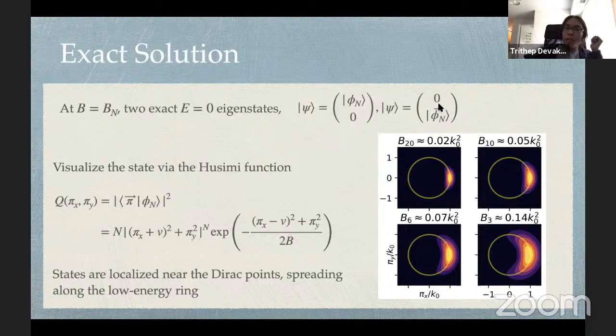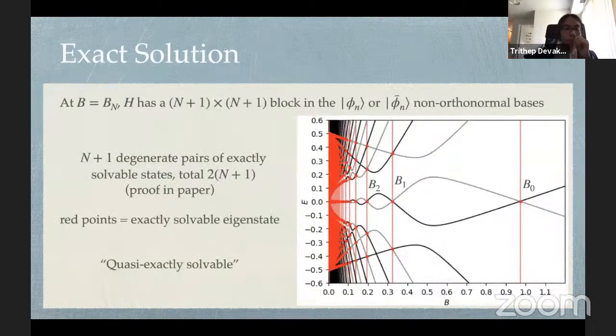And if you do the same thing for the state phi bar, that gives you the same picture, but it's just flipped. And so this state is localized on the other Dirac point. This state is localized on the right Dirac point. So this is the 0 energy eigenstate, but this Hamiltonian ends up having more structure than that, which is if you're sitting at a magic field Bn, and you look at the Hamiltonian in this basis of eigenstates of little h, phi n or phi bar n.